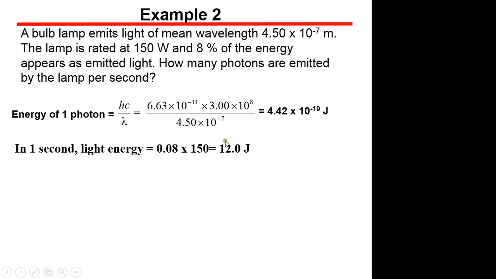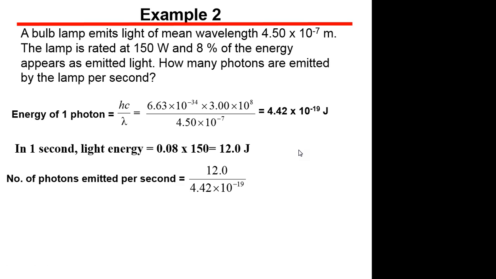If the total amount of energy is this, and the energy per photon is this, can you calculate the number of photons? Yes. Just take 12 divided by the energy per photon, and you get an answer of 10 to the power of 19 photons per second.